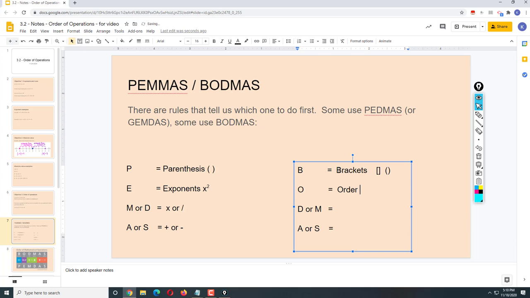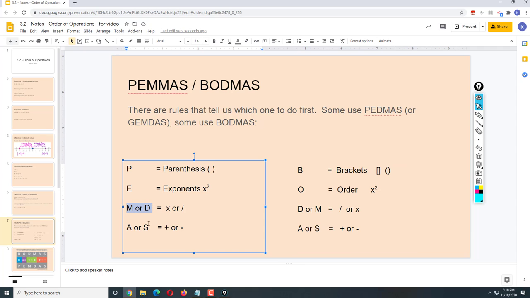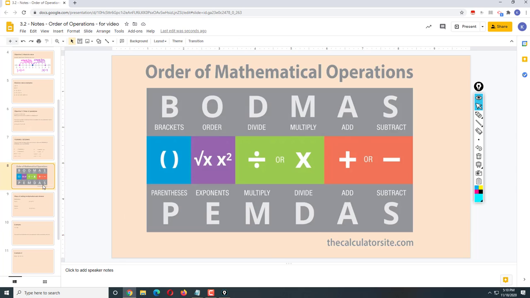Order, or other, it's like exponents. Division or multiplication. Addition or subtraction. Notice that some countries say division or multiplication, some say multiplication or division. It doesn't matter because M and D, we go left to right. A and S, we go left to right.